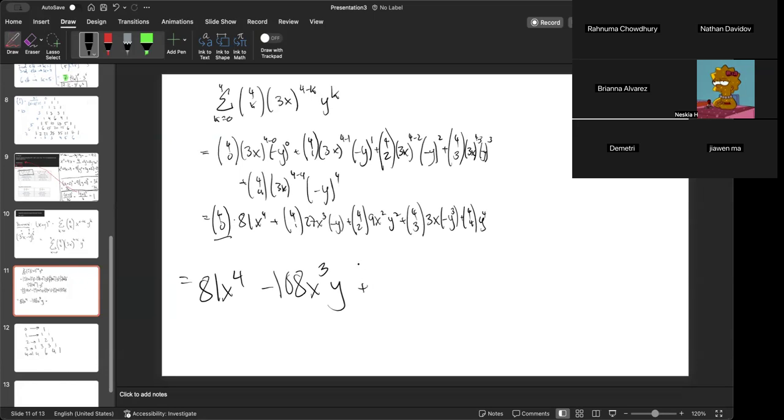Am I going crazy? 54. 54, thank you. 4 choose 3 is 4 again. So that's 12 x y cubed, and I'm going to make this into a minus because it's minus y, plus 1 y to the fourth. And that would be the final answer.